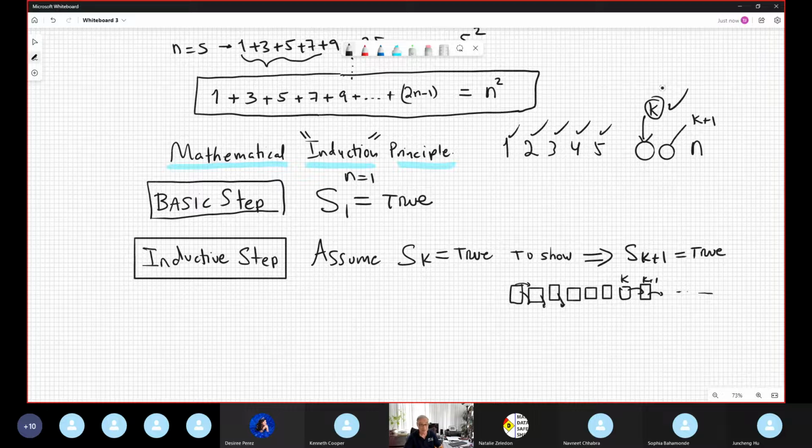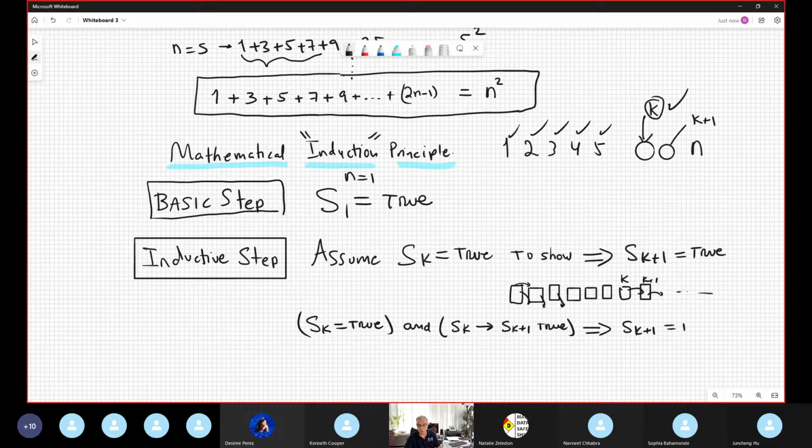Then the mathematical idea is, suppose that S sub k is true. This is formal mathematical, and you prove somehow that S sub k implies S sub k plus 1 is true. That means that S sub k plus 1 is always true.